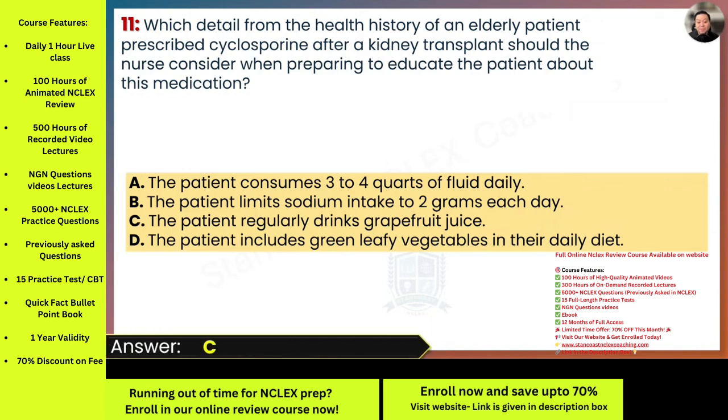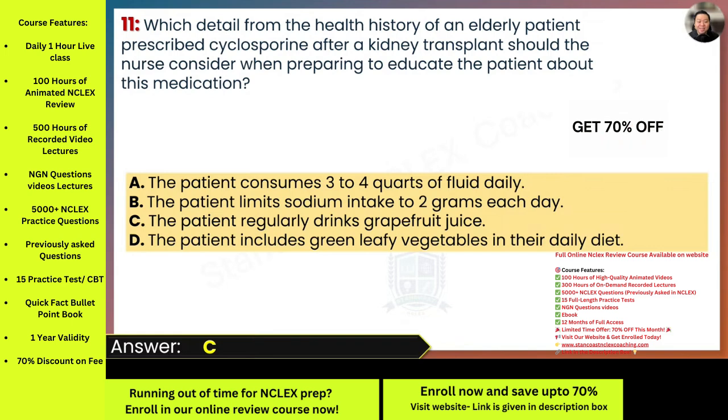Why is that? It's because grapefruit juice is known to interact with several medications, including cyclosporine. And the reason for that is because the grapefruit juice can increase the blood levels of the medication, so it will result in toxicity. Okay, and why is this happening?